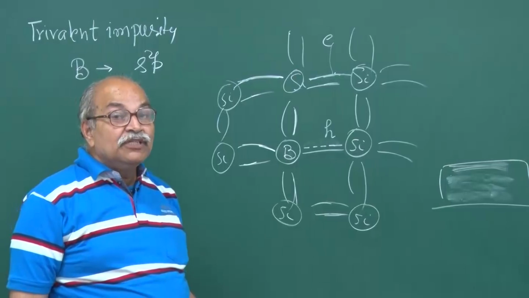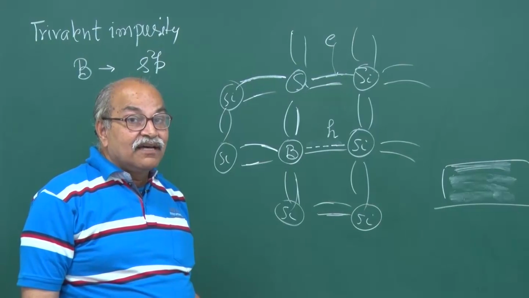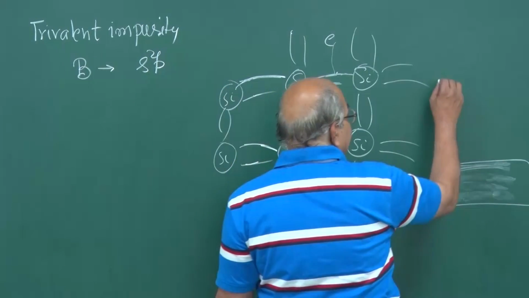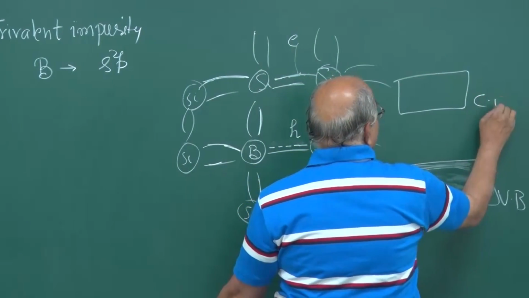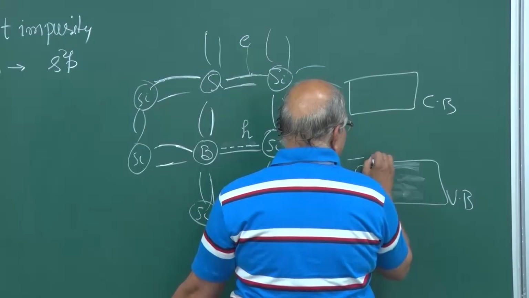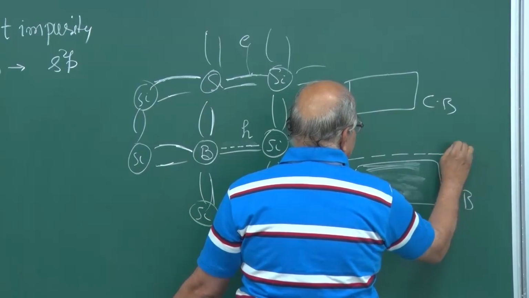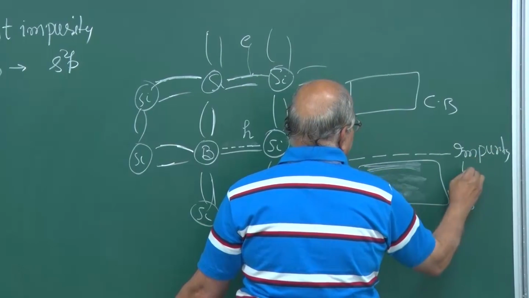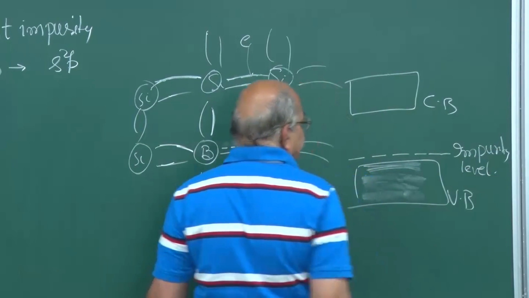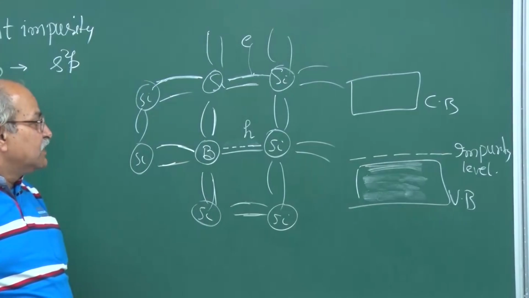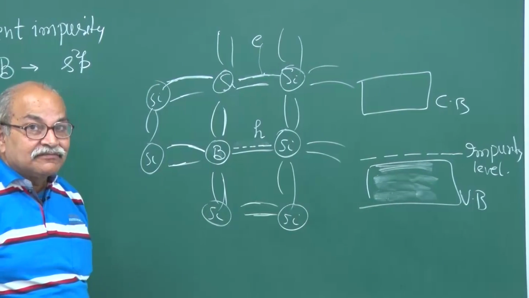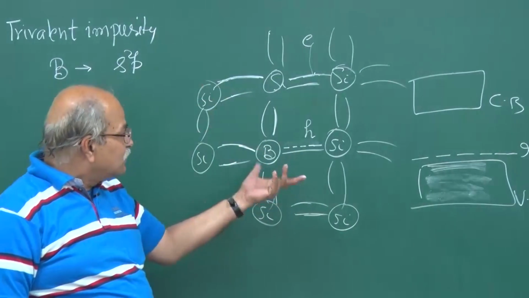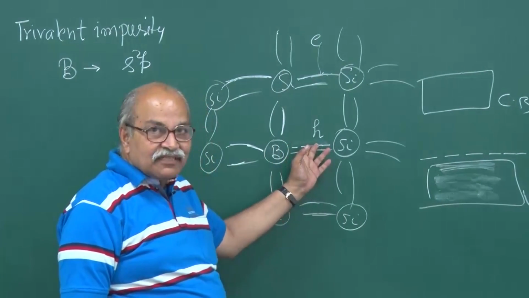So new impurity level energies are created, and those energy levels are created close to the valence band, somewhere here. So this is the impurity level. And these impurity levels are all empty. A broken bond, not broken, it did not exist to start with.